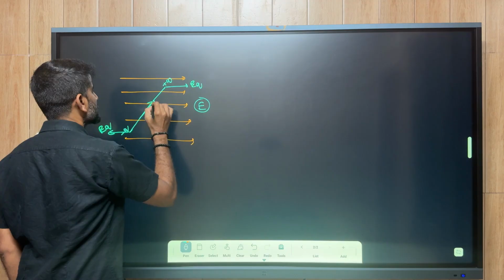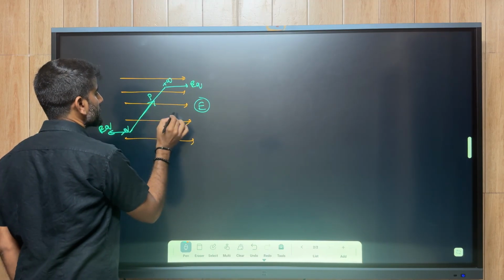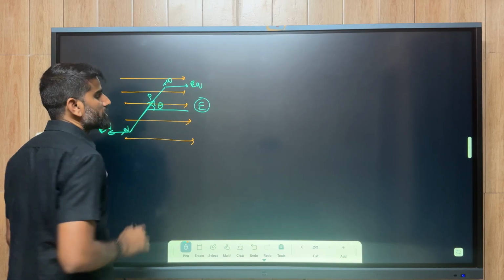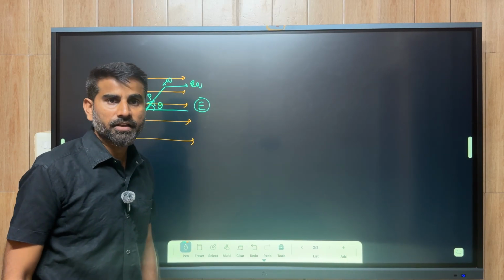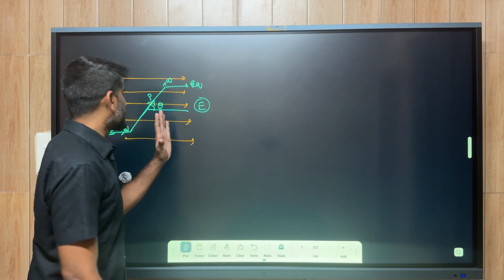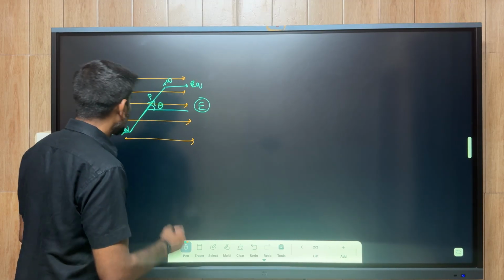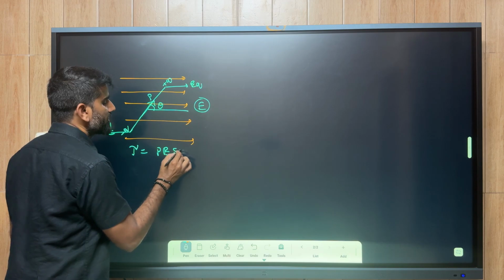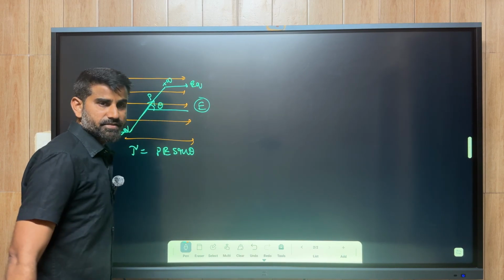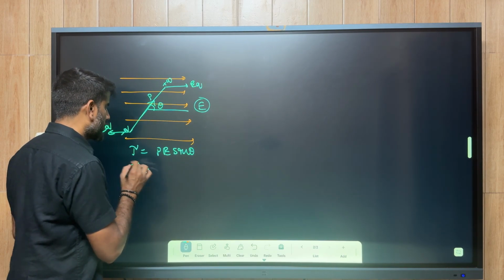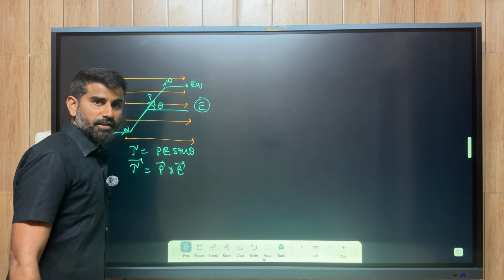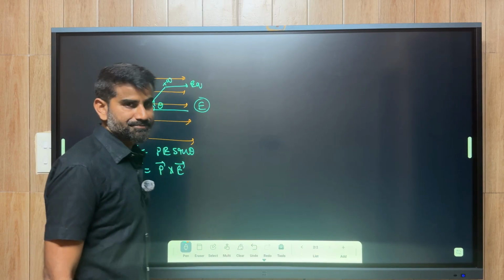And dipole moment direction is P. Now this dipole is making an angle theta with the electric field. This is what we have learned, and beyond that, the torque acting on the dipole is P E sin theta, or if you want to use it in vector notation, P cross E.